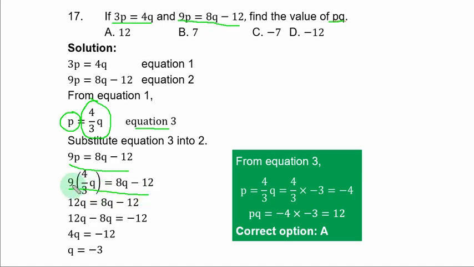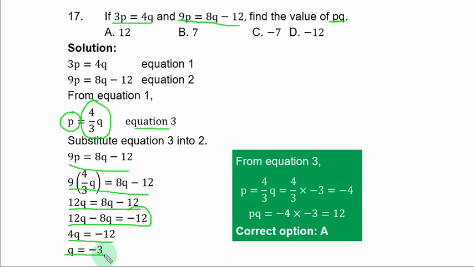Now if you divide 9 by 3, you have 3. 3 times 4, you have 12. That is 12Q equal to 8Q minus 12. Collect like terms, you have 12Q minus 8Q equal to minus 12, and that is 4Q equal to minus 12. Divide through by 4. Q is equal to minus 3.